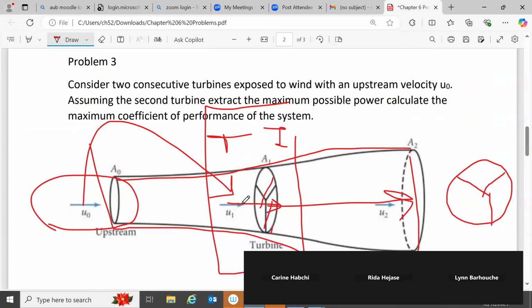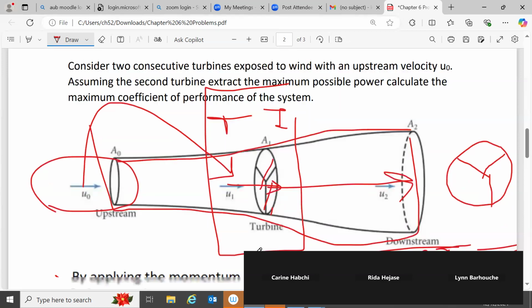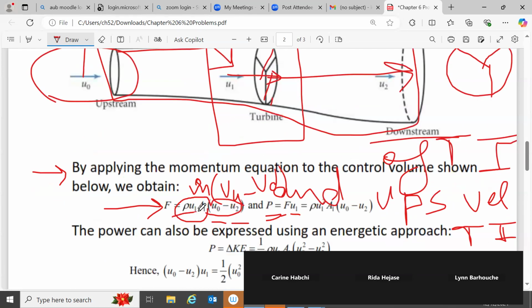By action reaction, the force of air on turbine is the opposite. So if you take air as system, you do m dot V out minus V in. By action reaction, the force on turbine will be m dot V in minus V out.